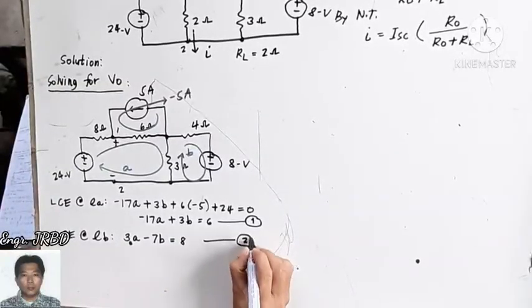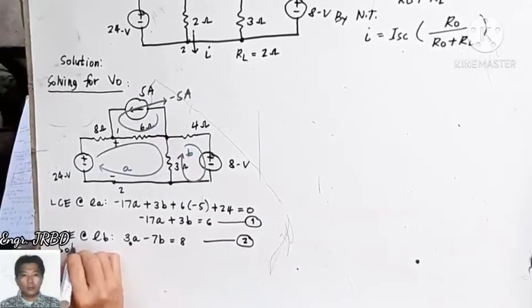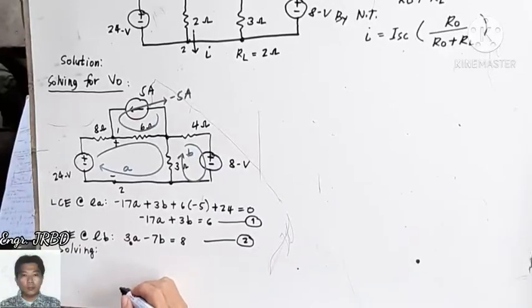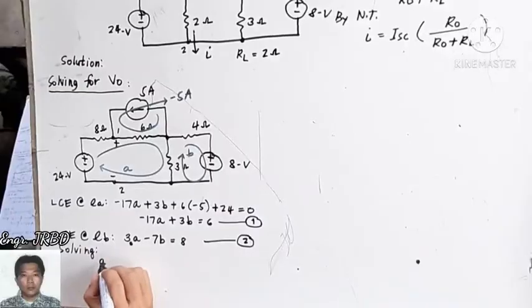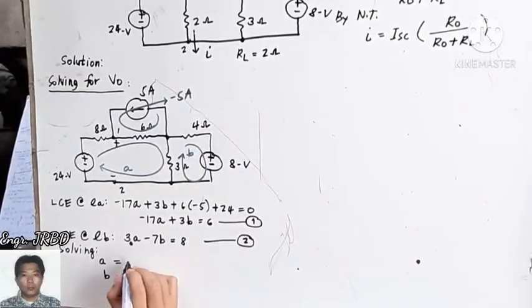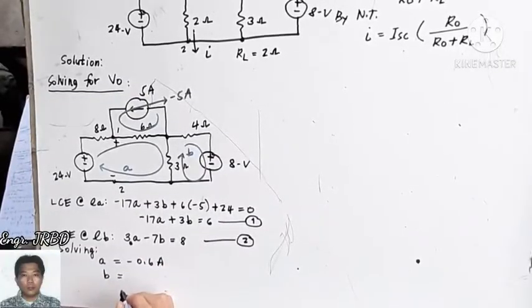This is your second equation. So we already have 2 equations. You can easily solve this either by manual calculation or using your calculator. So if you now solve for A and B, your A is negative 0.6 amperes and your B is negative 1.4 amperes.